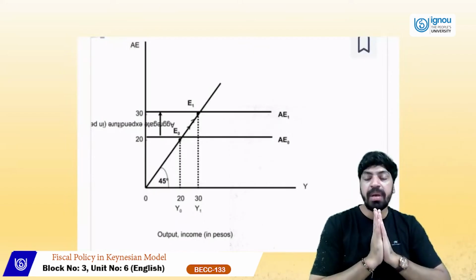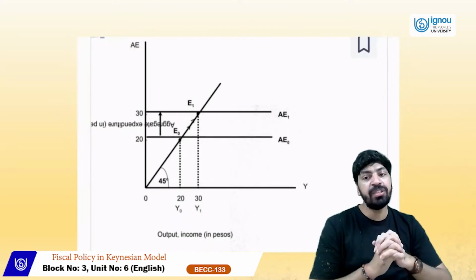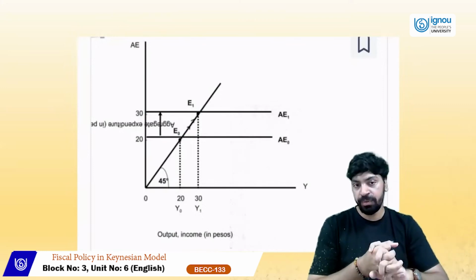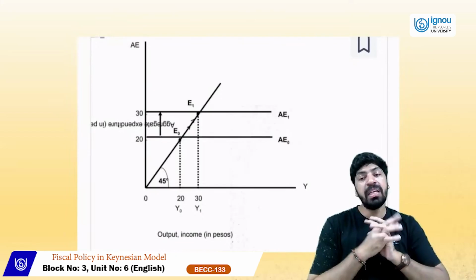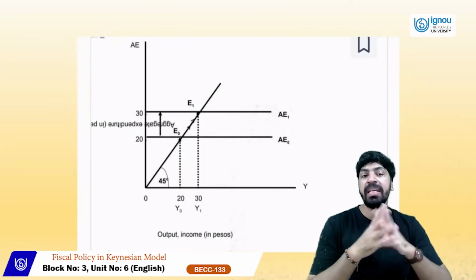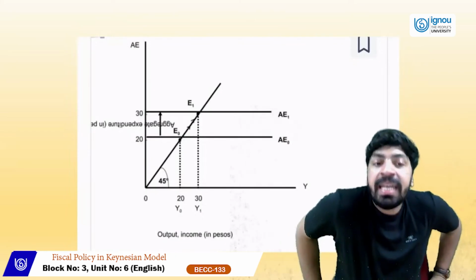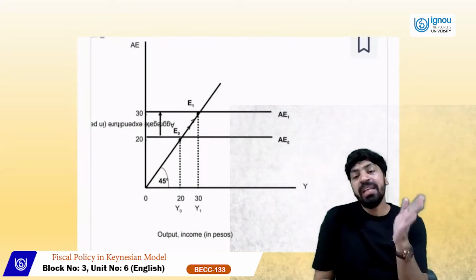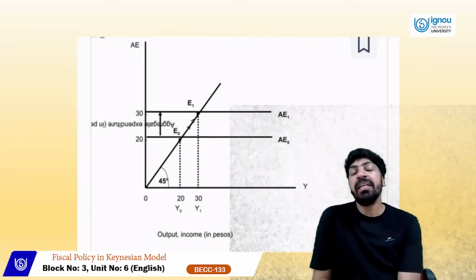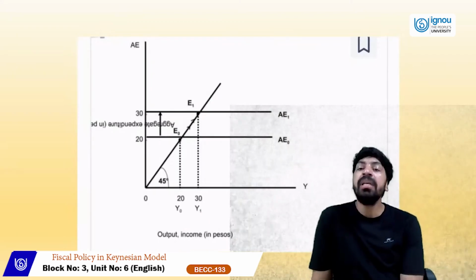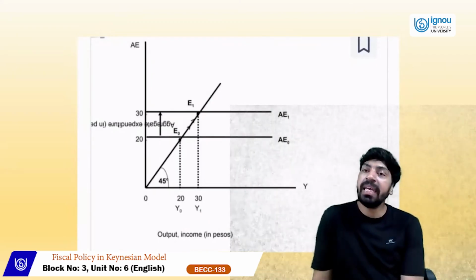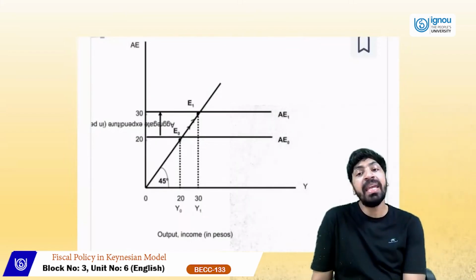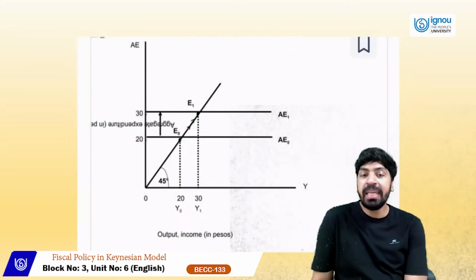When we talk about the original aggregate expenditure, that is AE0, which is always equal to Y, it is shown here that aggregate expenditure is rupees 20. When there is an increase in aggregate expenditure, the aggregate expenditure line shifts upward from AE0 to AE1.